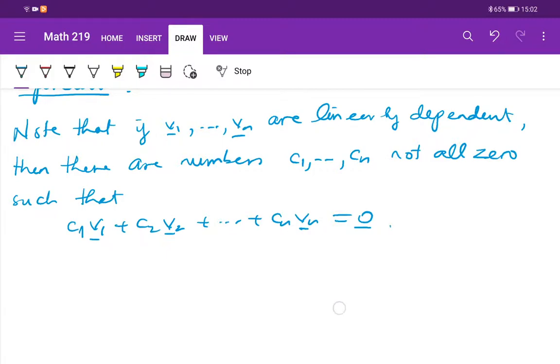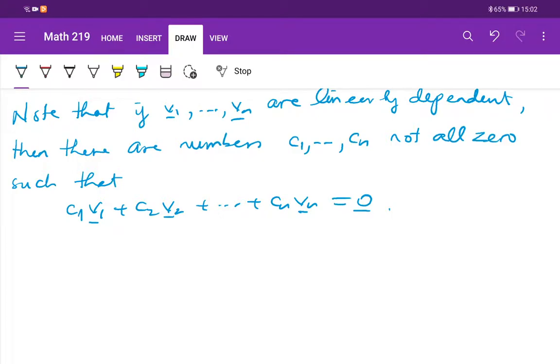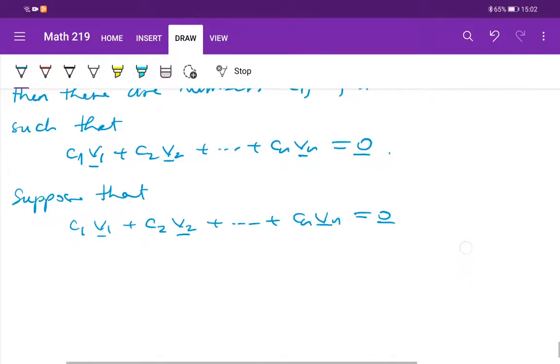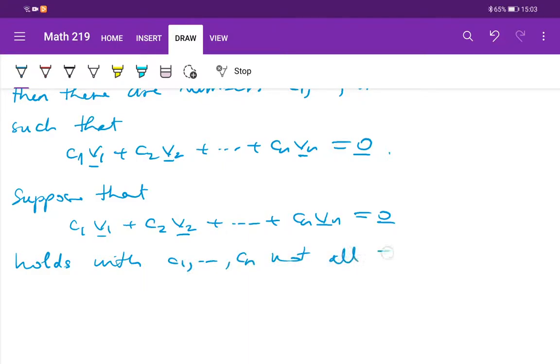Okay, so now suppose that the above equation holds: c1 v1 plus up to cn vn equals 0 with c1 up to cn not all 0. Suppose that ci is non-zero.